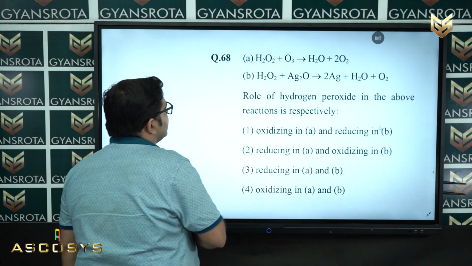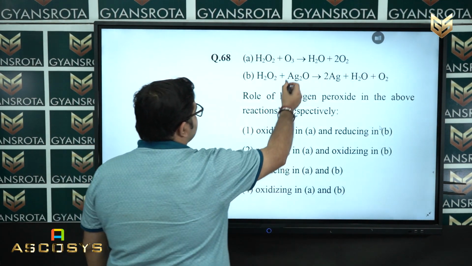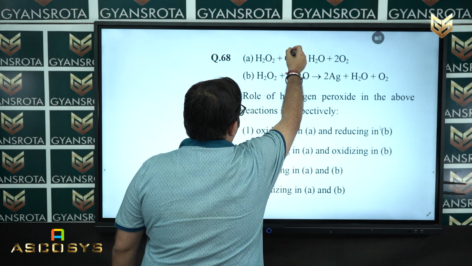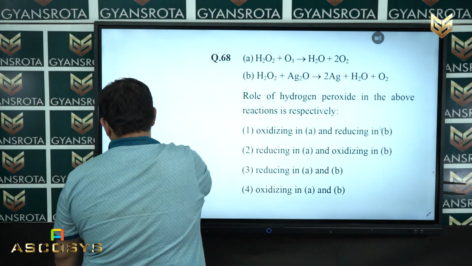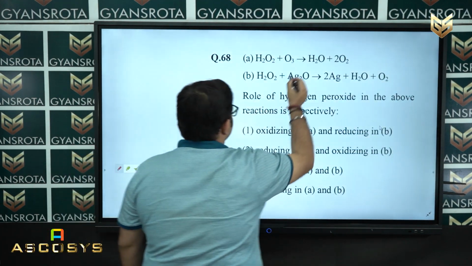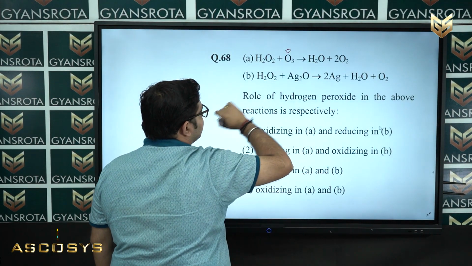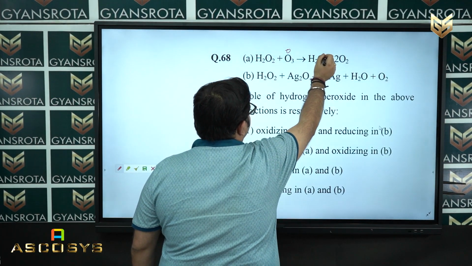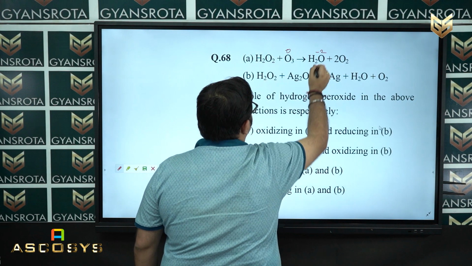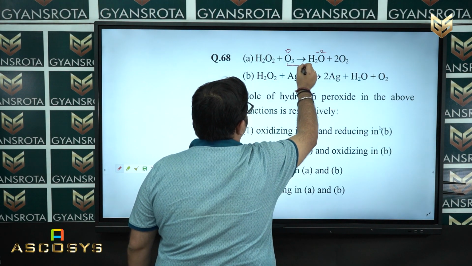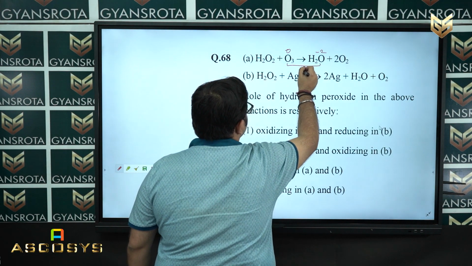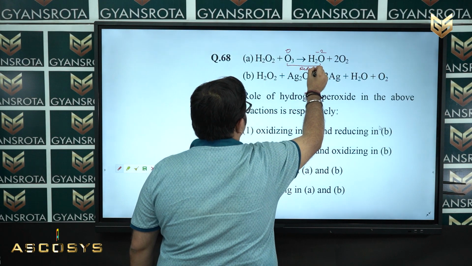Okay. So, if you see in this reaction, what is the oxidation state for ozone? It is 0, and for water this is coming as -2. Now, what will happen here? So, here reduction will take place.